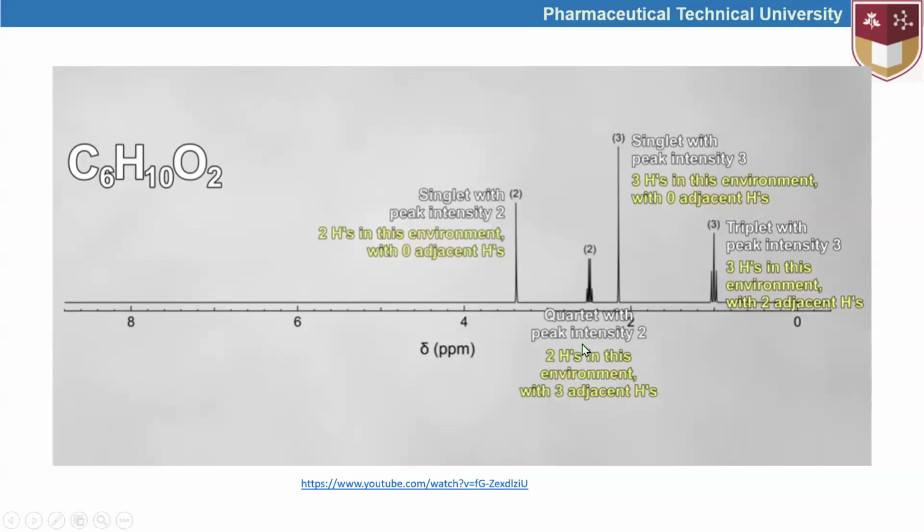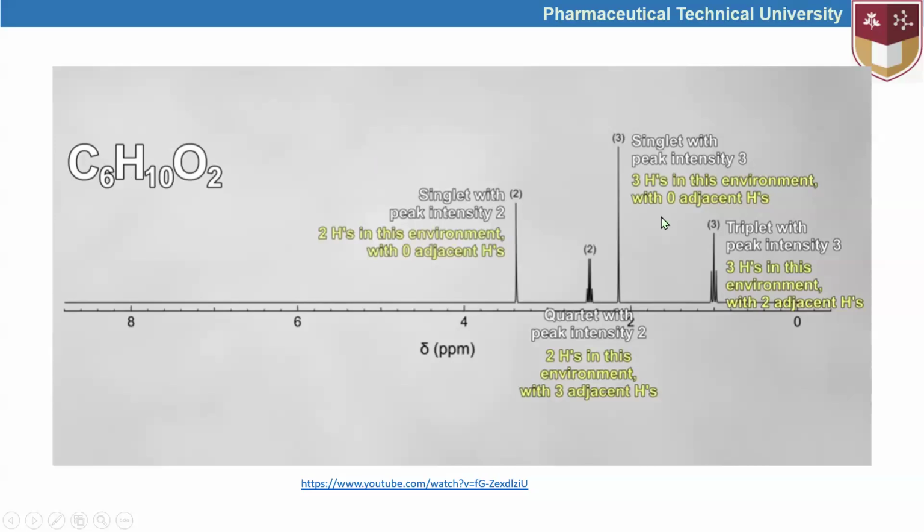Since it is quartet, we know it has 3 adjacent hydrogens. And this is triplet, and it has 3 hydrogens as indicated here. How many neighboring hydrogens belong to this peak? 2. 2 plus 1, triplet. Okay, these are the pointers that we have to think about and develop our understanding.